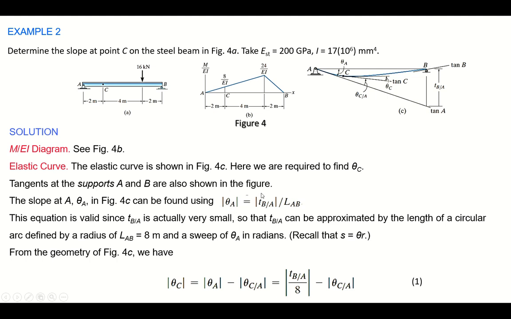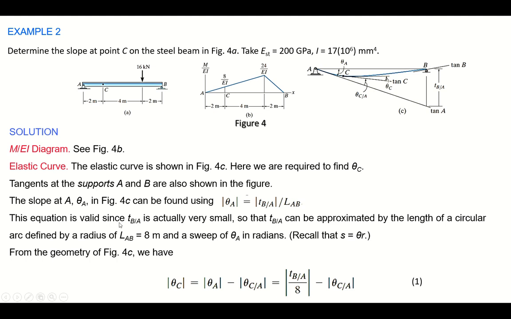Theta A is equal to t B by A, which is this perpendicular distance or the vertical distance between the point B and the tangent at A, right? So theta A is equal to t B by A divided by L AB, which is the perpendicular over this base, right? So you can get this theta A very simply by using this perpendicular by base equation.